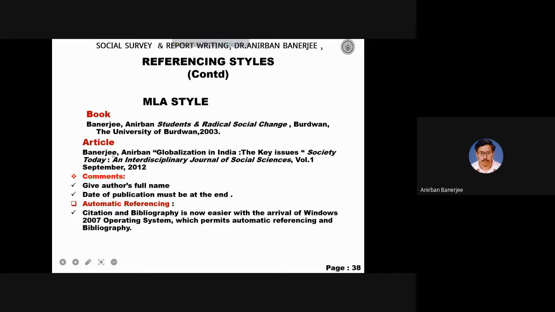An article: Banerjee Anirban, Globalization in India, the Key Issues, Society Today, an Interdisciplinary Journal of Social Sciences, Volume 1, September 2012. Here first you give the author's last name, then the date of publication at the end. And you give the author's full name instead of just the initials.